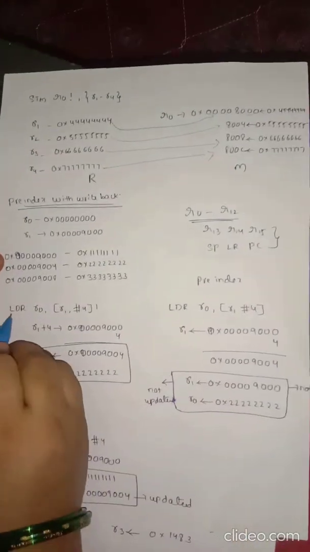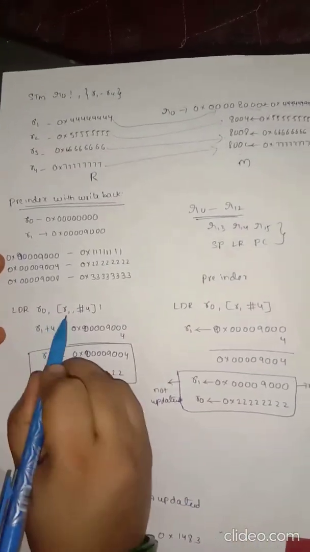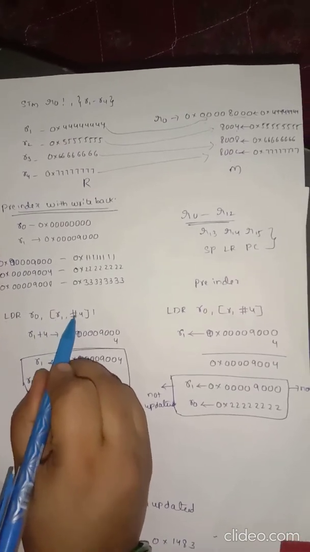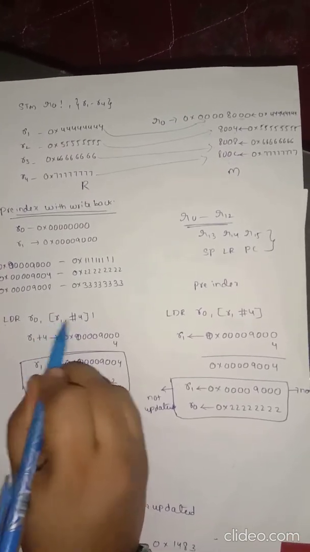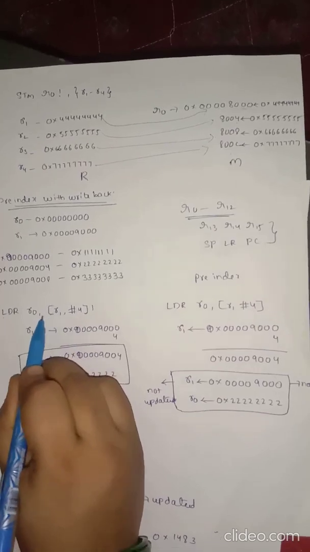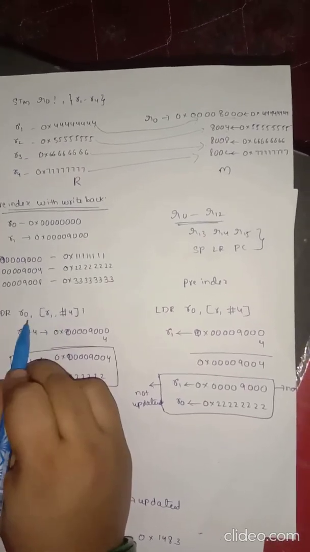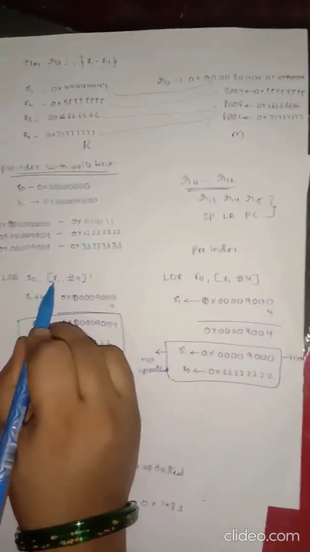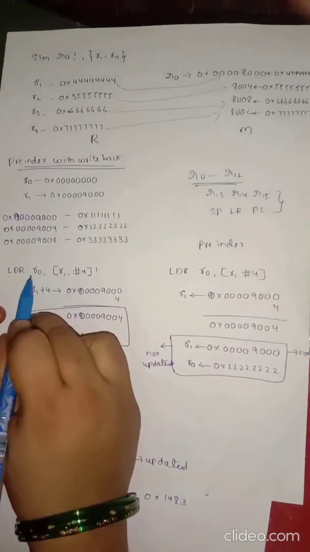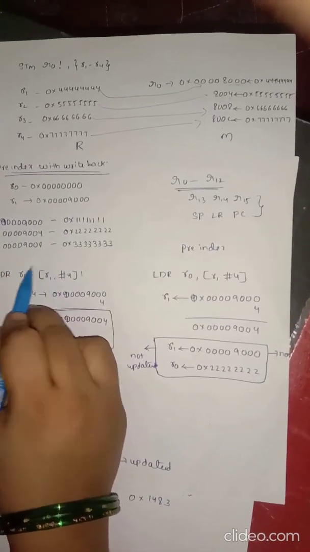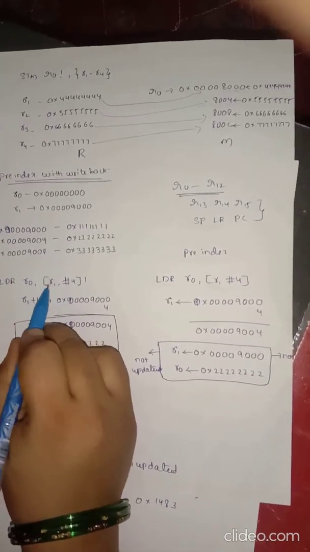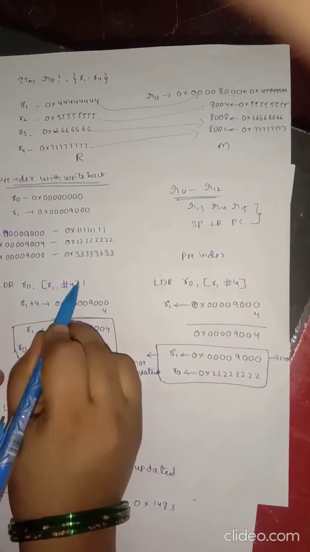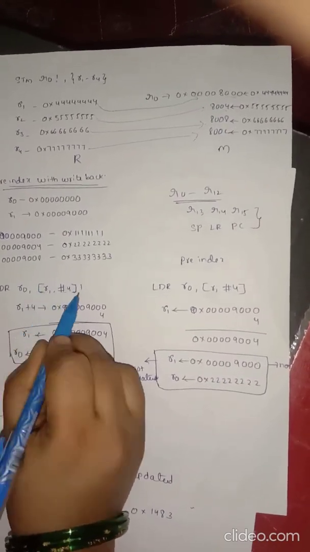See, first one, LDR R0, [R1, #4]. This square bracket indicates indirect addressing mode. Wherever you are loading data from memory to register, an indirect address is present. Wherever you keep square brackets, there you will have indirect address.